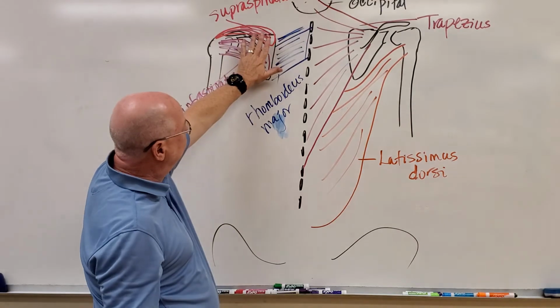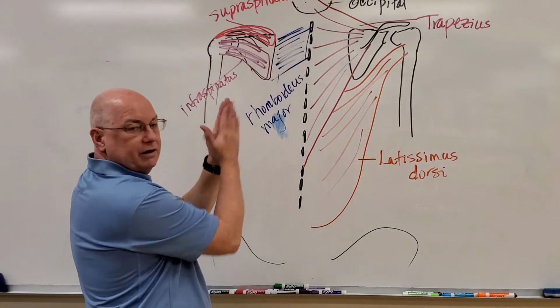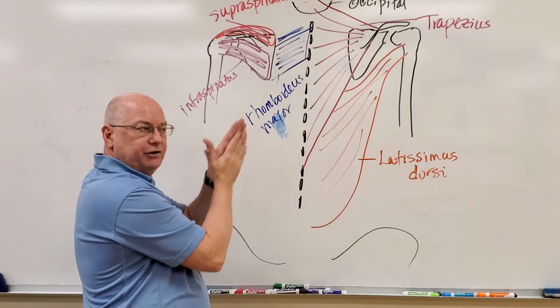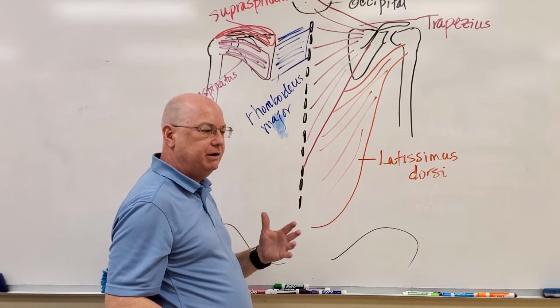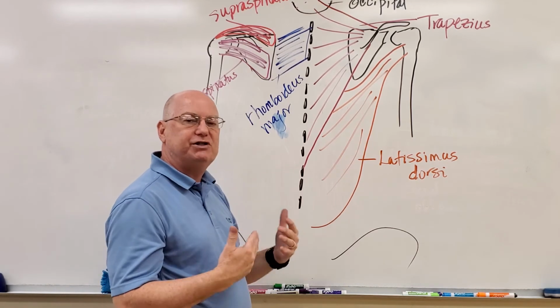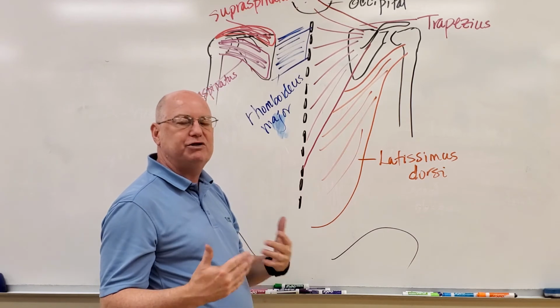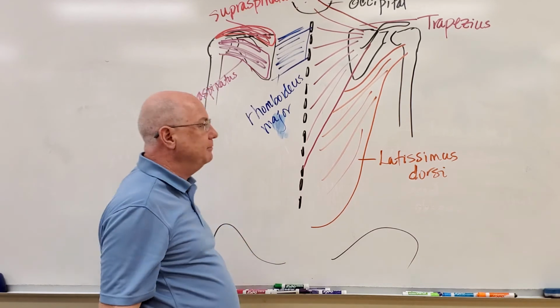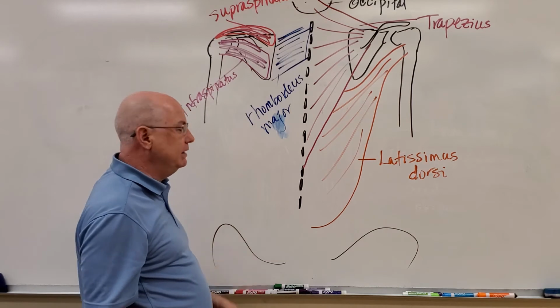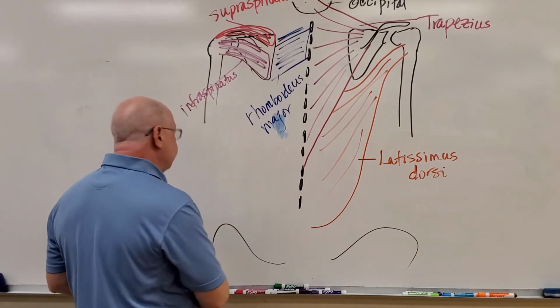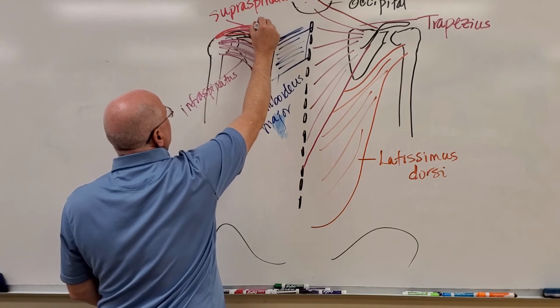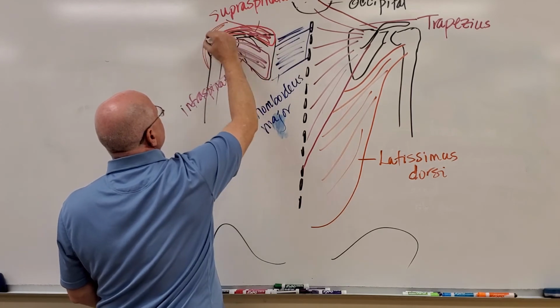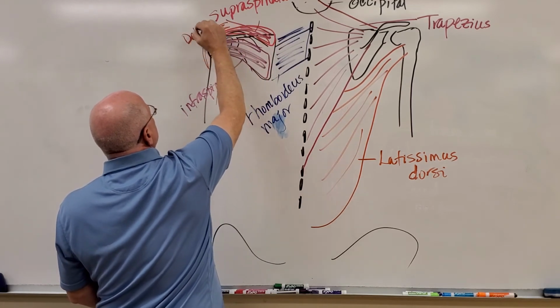If I could flip the scapula over, it's running on the deeper surface of the scapula, and that is called the subscapularis muscle. Subscapularis, below the scapula. And again, we're not going to see that here. But then there's another large muscle that covers all of this, or at least a large part of this, and inserts over here, and that one would be called the deltoid muscle.